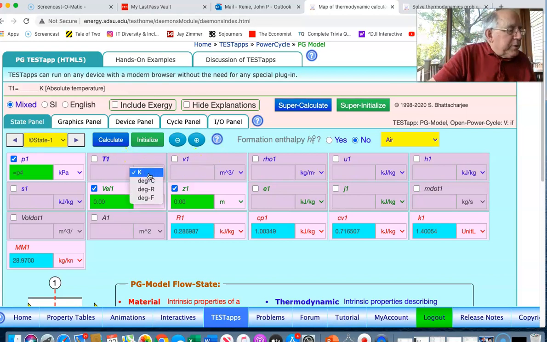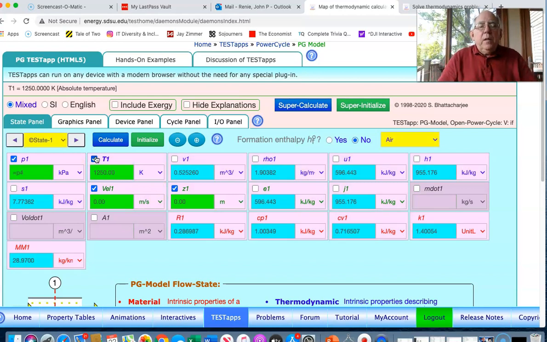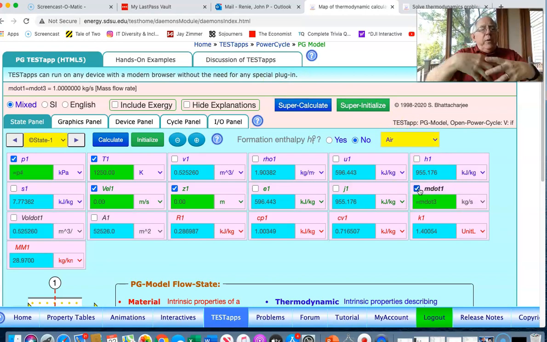We know that the temperature at state 1 is 1250 Kelvin. We also know that the m dot is the same as m dot 3, as we set up before. And so now we know all the thermodynamic conditions associated with the incoming flow of that constant temperature turbine.